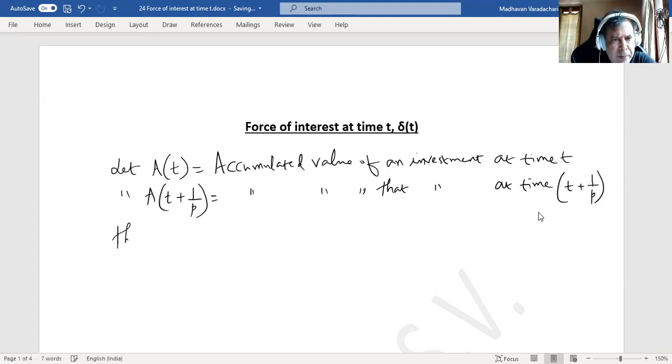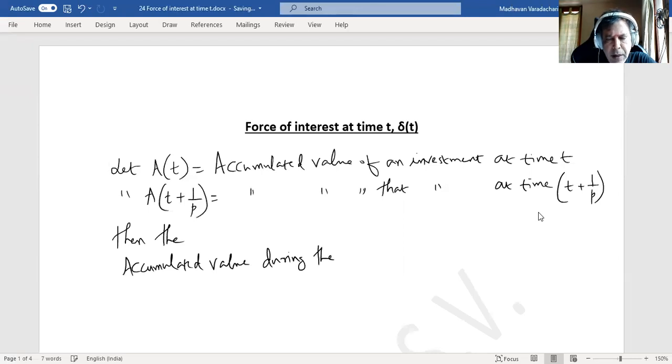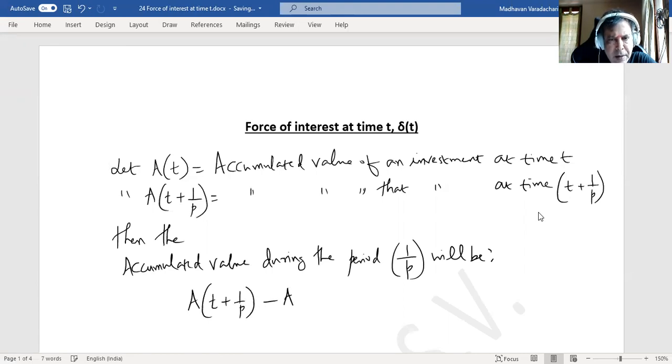Then we have the accumulated value during the period 1/p will be the difference between these two, meaning accumulated value at time t + 1/p minus accumulated value at time t.